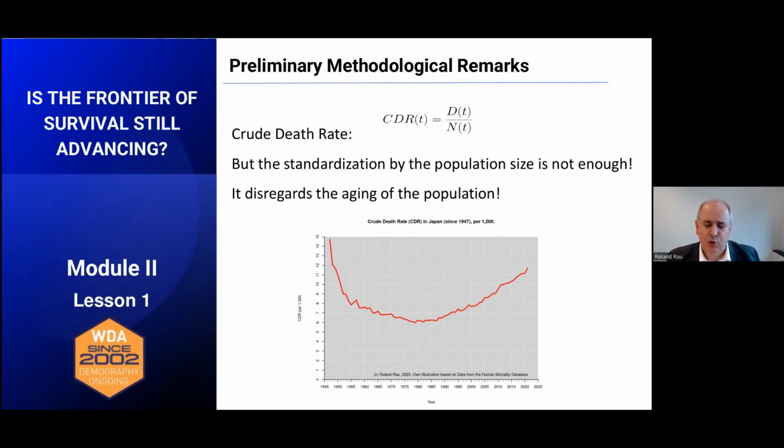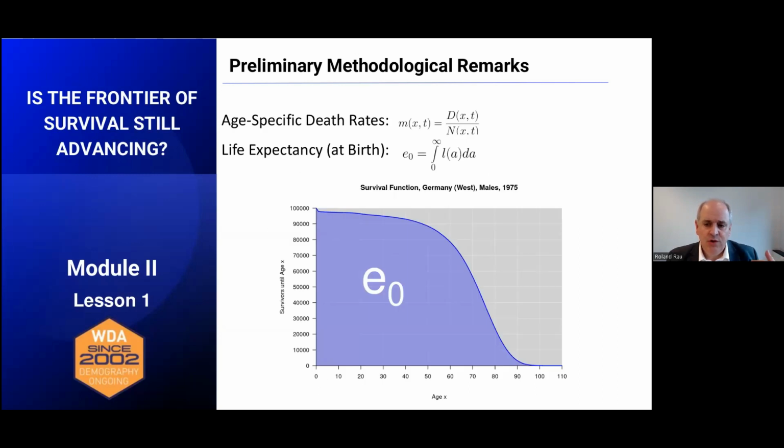A 20-year-old has a much lower mortality than an 80 or a 90-year-old. So if there are more people at higher ages, you automatically observe more deaths, although the risk at each age goes down. So you need to standardize for the population size, that's number one, and you have to take into account the aging of the population.